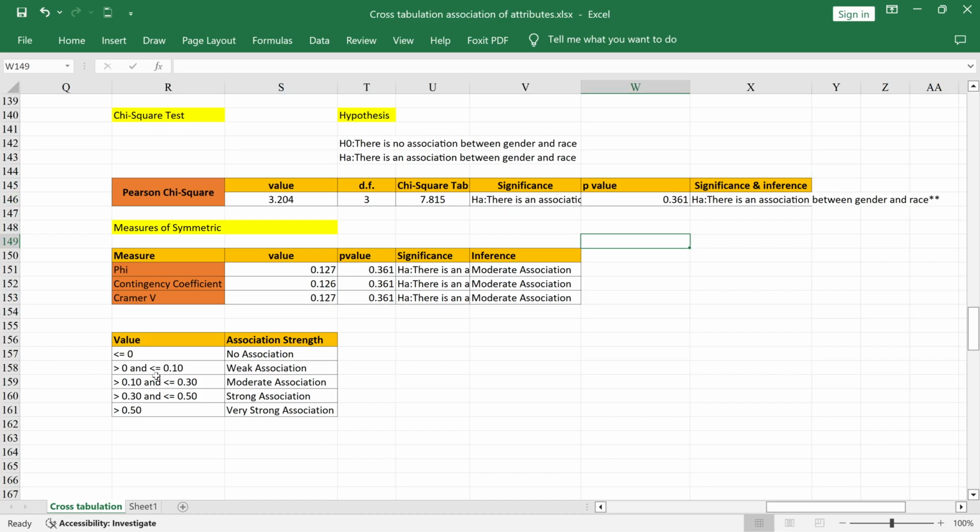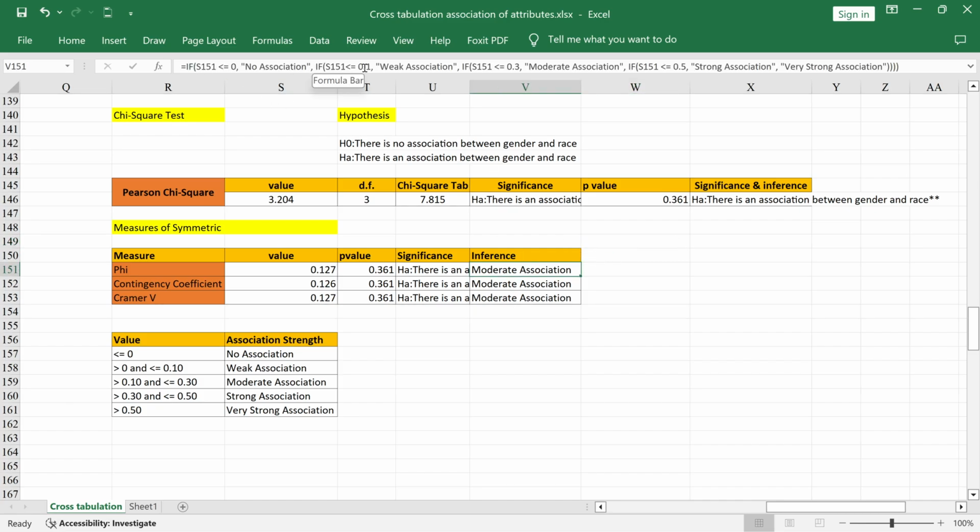Between 0 and 0.1 there is a weak association, then moderate association, strong association, and very strong association. We already put the formula in the formula bar. Everything is fully automatic, so you don't need to do anything, you just read it. So we get the value indicating moderate association.